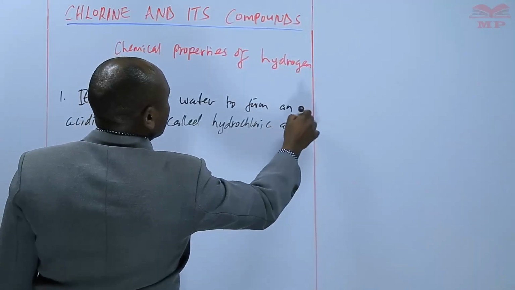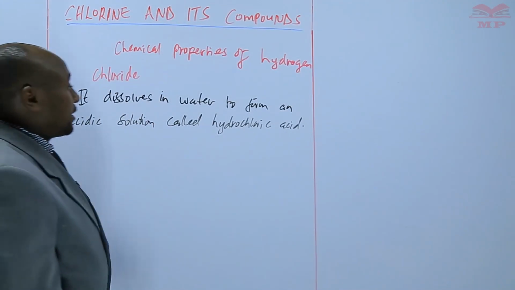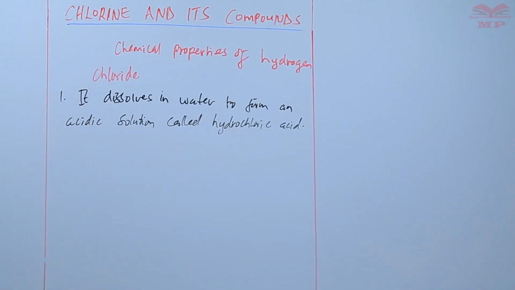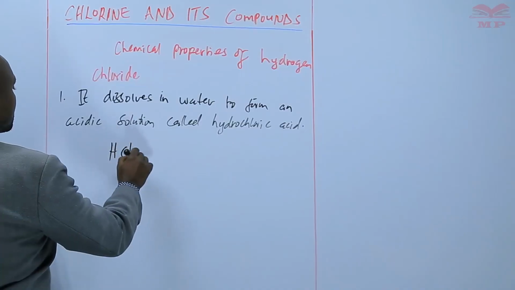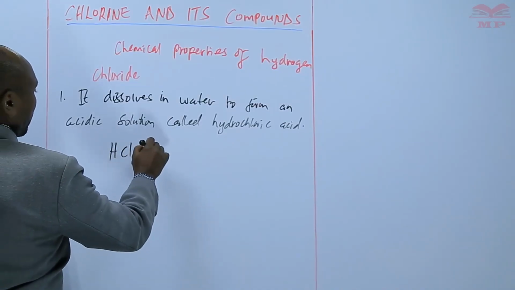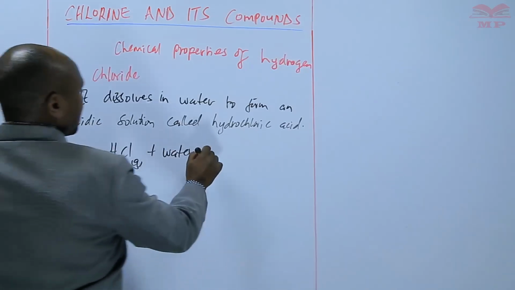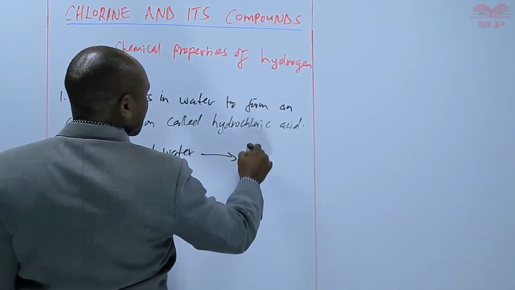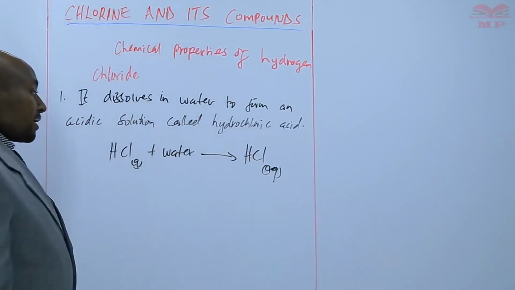So hydrochloric acid is a solution formed when hydrogen chloride is dissolved in water. HCl gas, when it dissolves in water, gives aqueous HCl, and this is hydrochloric acid.